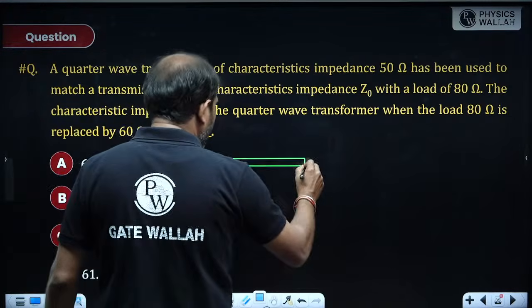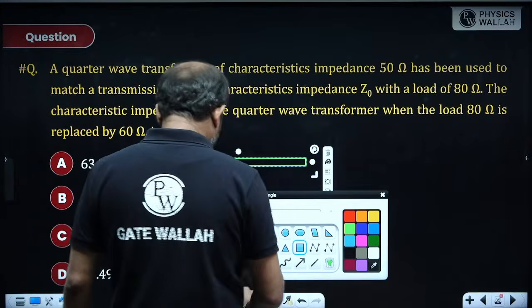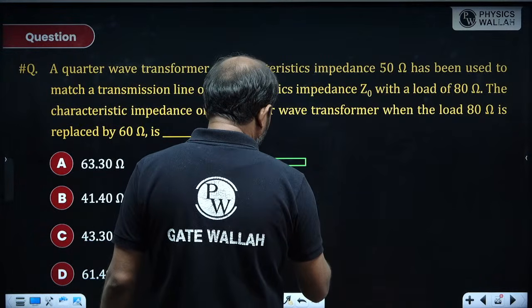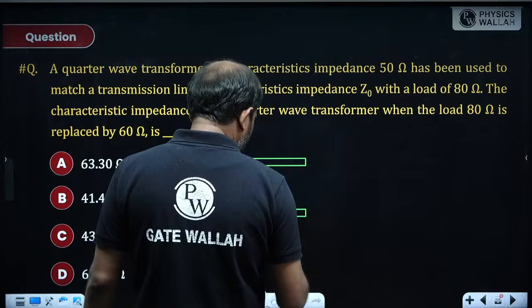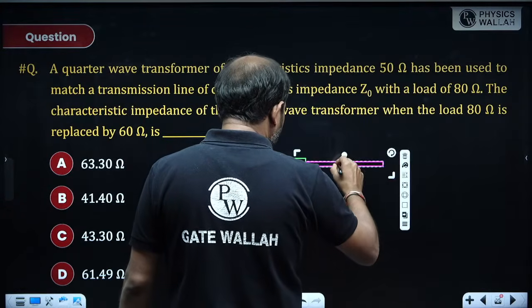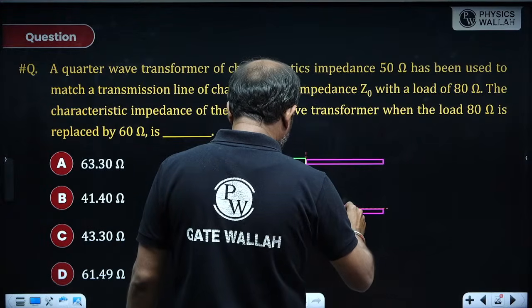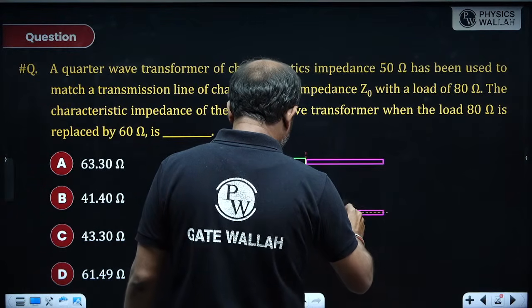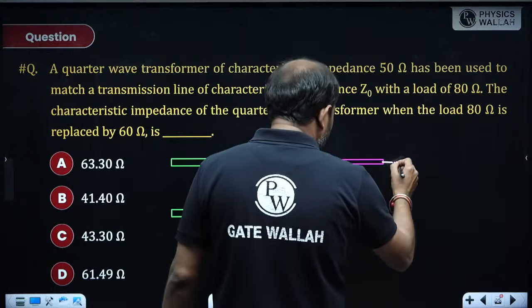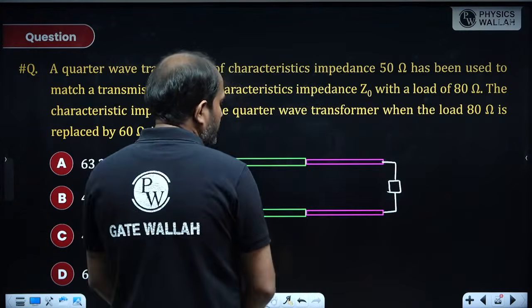So we have a transmission line. Then we have a quarter wave transformer. This is also a good question. This one is ZL.